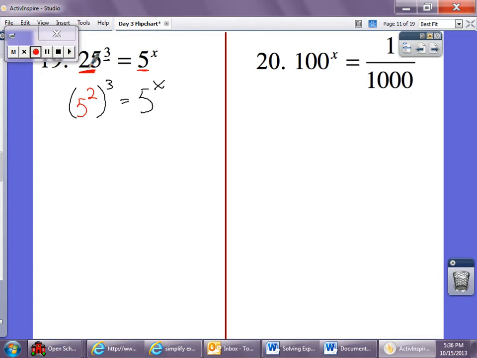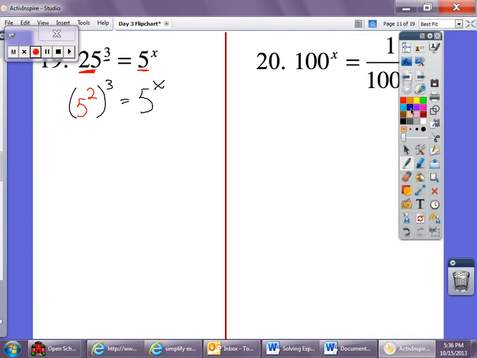So all I did was replace 25 with 5 to the second. Now, my laws of exponents tell me that I multiply these two numbers. So this is going to be 5 to the 6th power, and it's going to equal 5 to the x. Now my bases are the same, so we have 6 is equal to x.